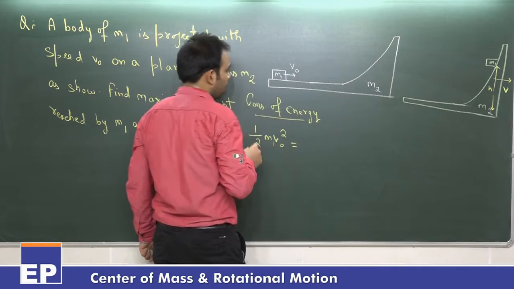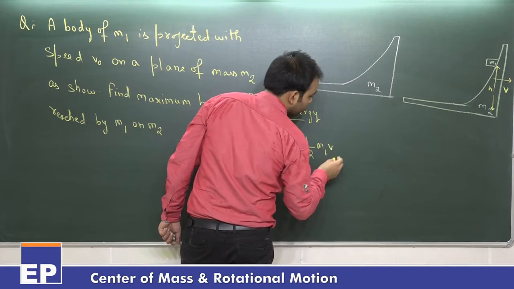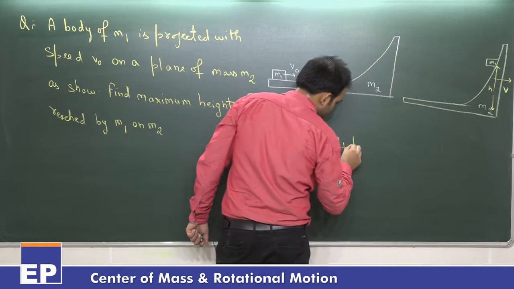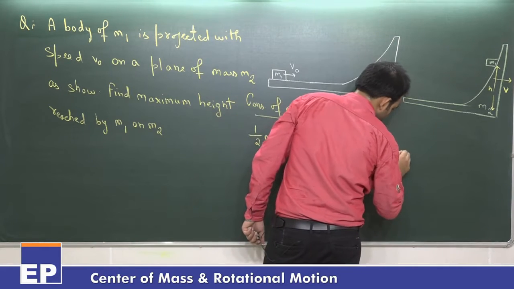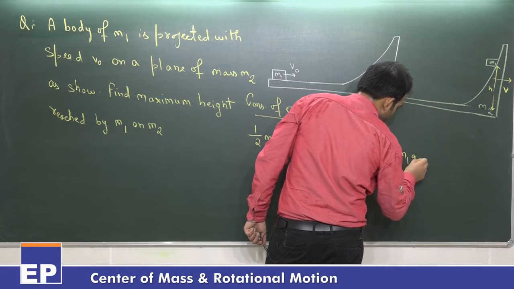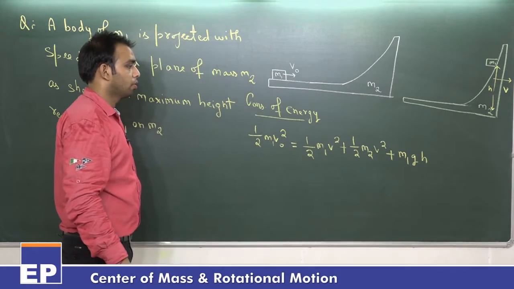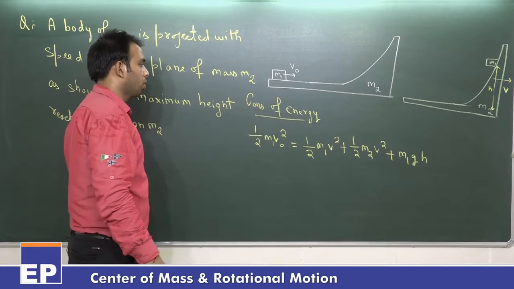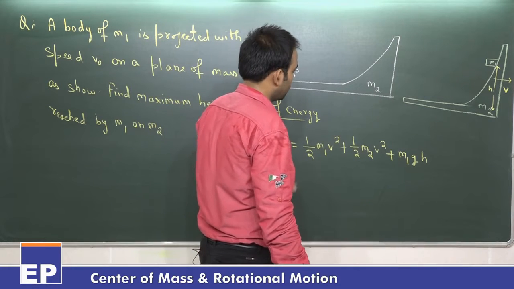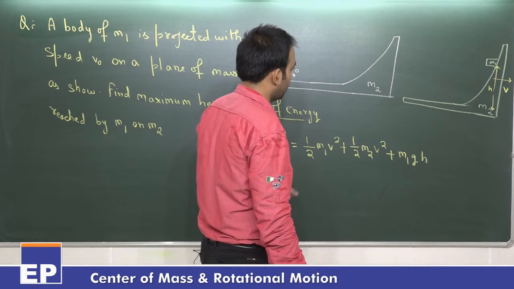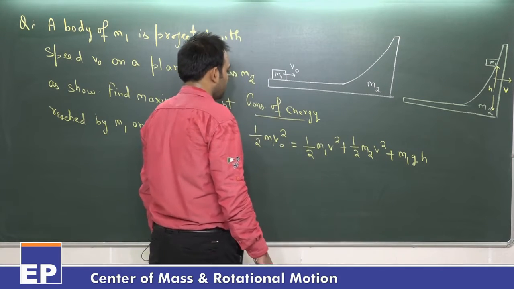So half m1 v0 square equals half m1 v square plus half m2 v square plus m1 g h. This is the equation for conservation of energy: initial kinetic energy equals the final kinetic energy plus potential energy.